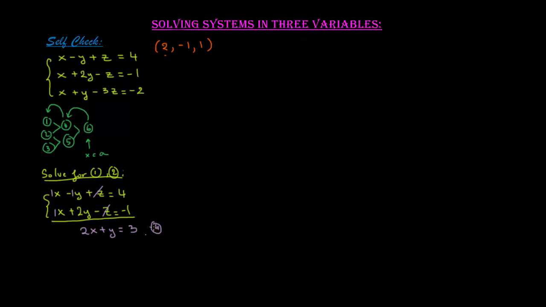Now since I have the 4th equation, we pick two other pairs to cancel out the same variable. I'm going to choose 1 and 3 because they already have opposite signs. Solve for equation 1 and 3.